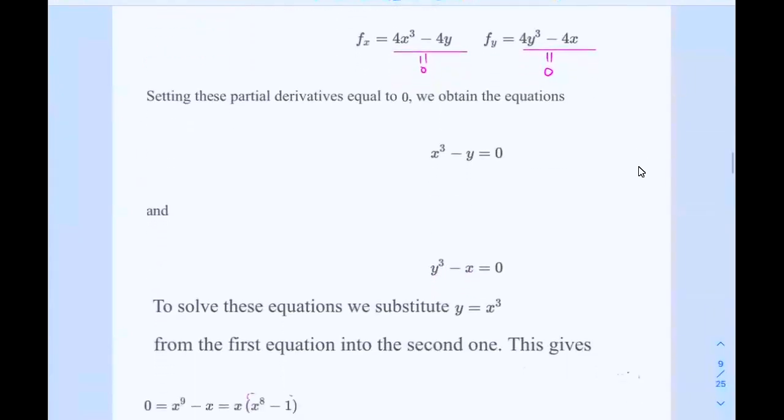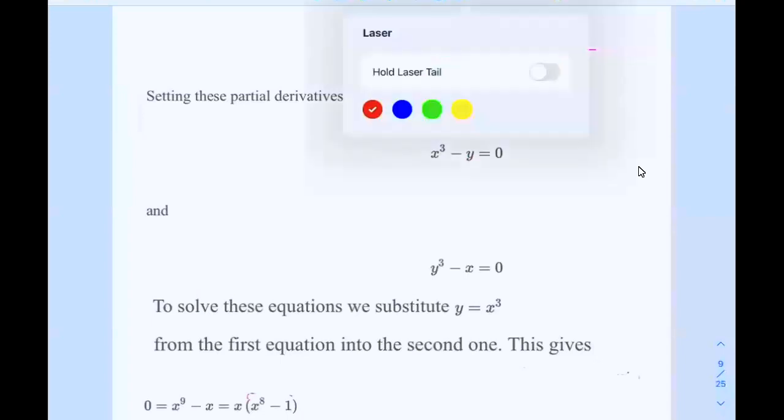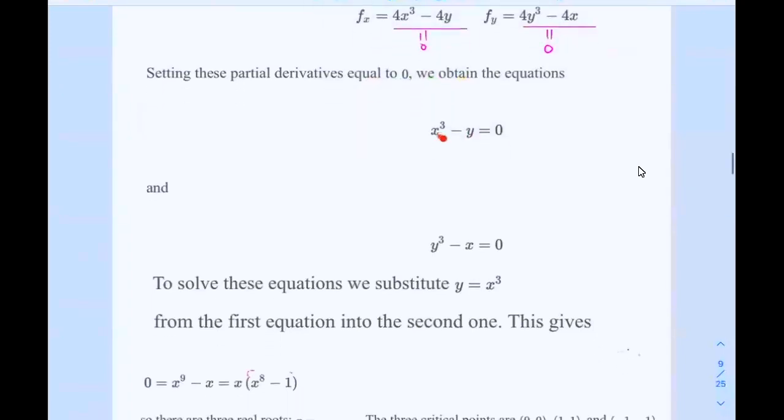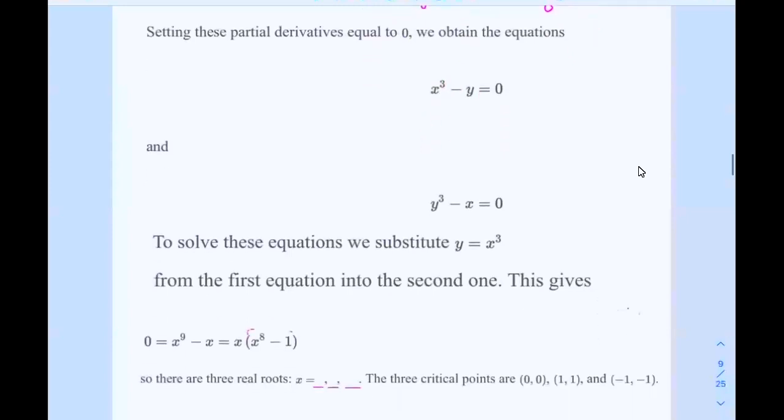Now we're going to solve this system of two equations using the substitution method. From the first one, we get y equal to x cubed. When we put y equal to x cubed in here, what do we have?